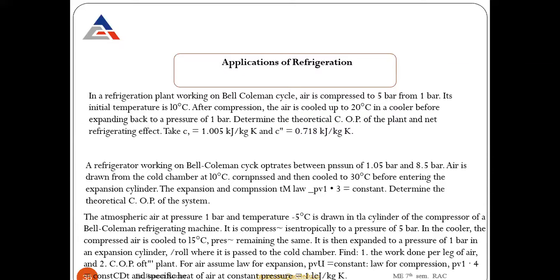In the cooler, the compressed air is cooled to 15 degrees centigrade, pressure remaining the same. It is then expanded to a pressure of 1 bar in an expansion cylinder, where it is passed to the cold chamber.